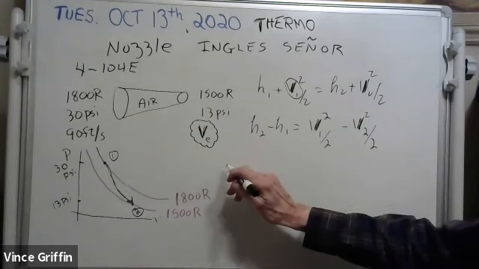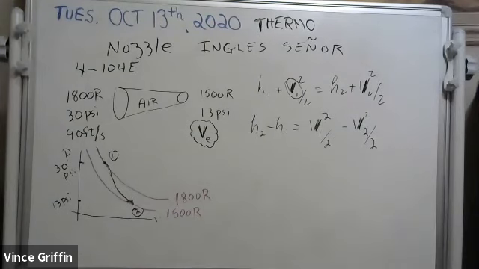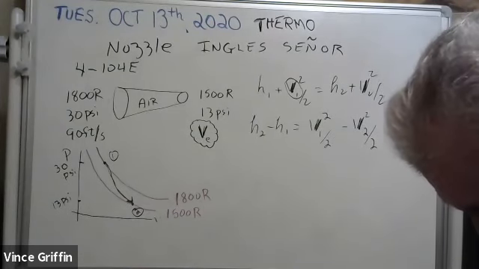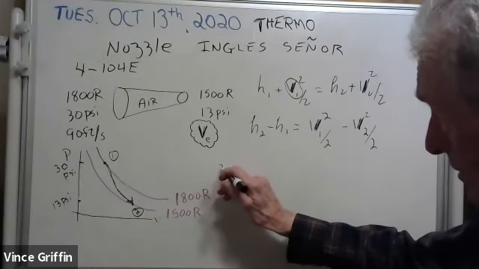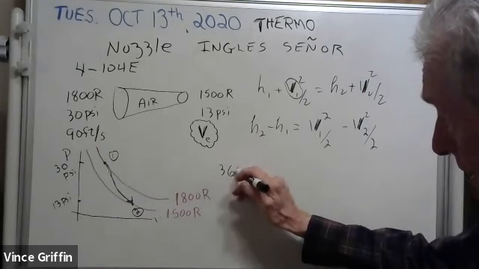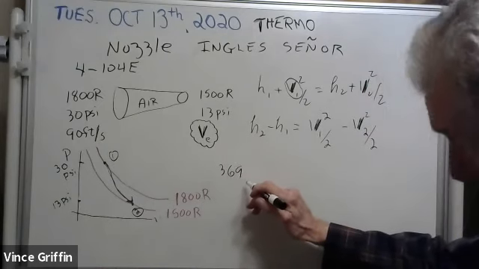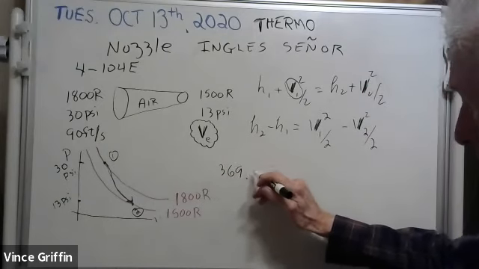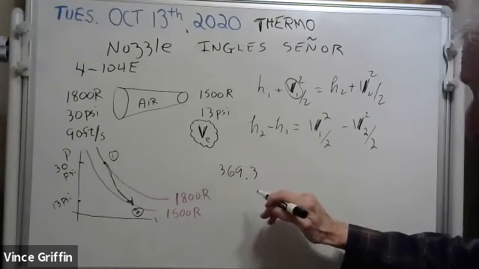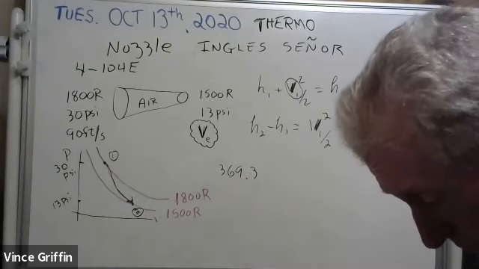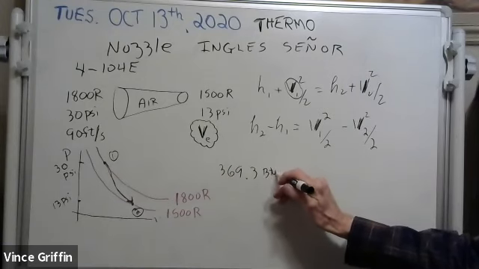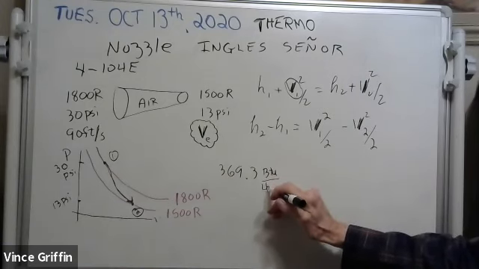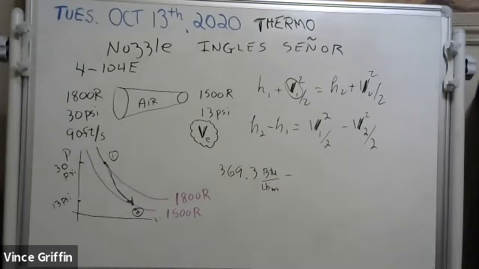Well, I'm getting this H2 at 1500 to be 369.3. That's good enough. BTUs per pound mass minus H1.